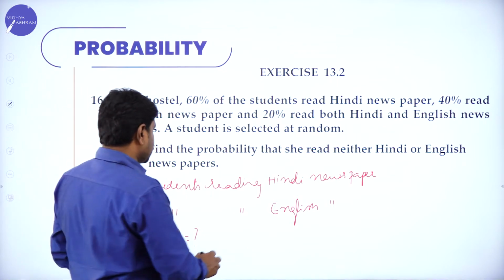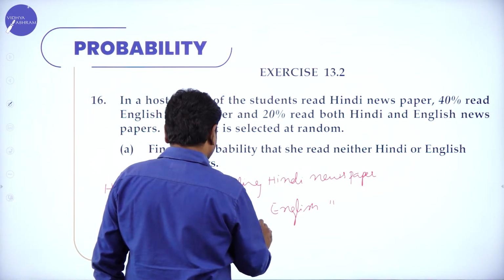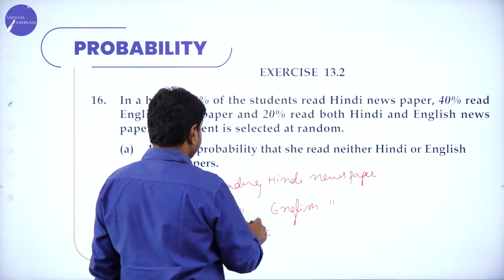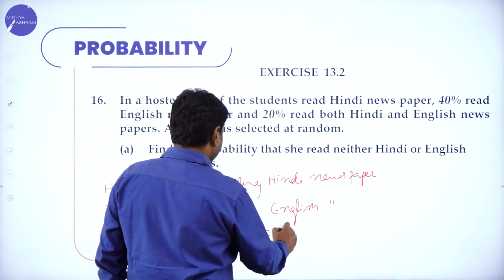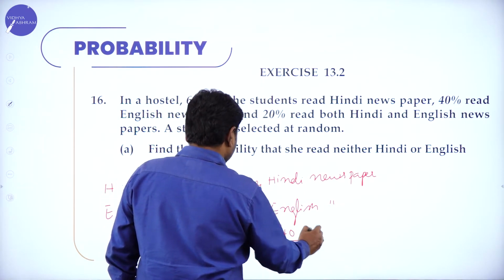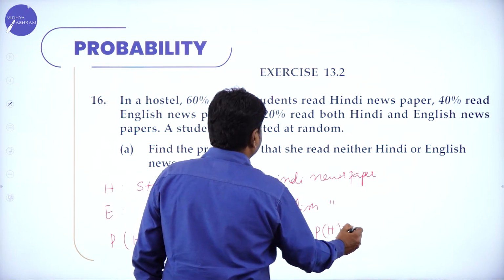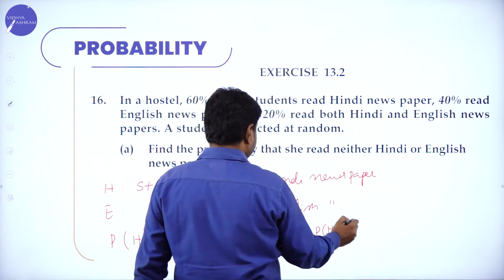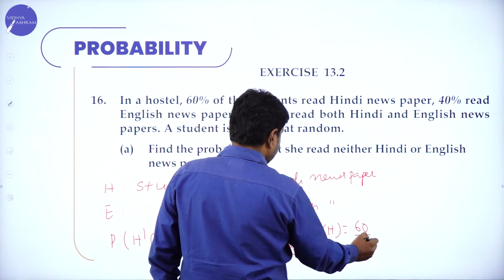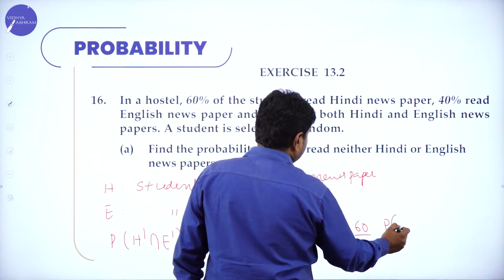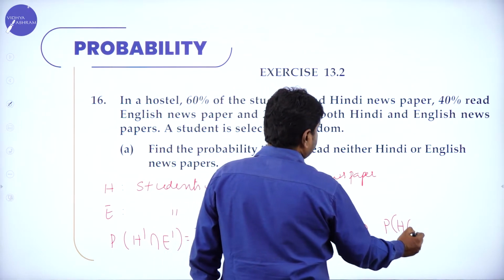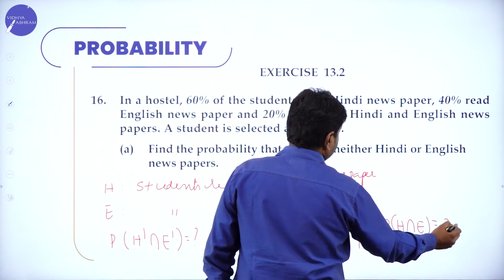First they have given P of E. What is P of E? Probability of people reading English newspaper is 40%, 40 out of 100. Probability of Hindi reading people is 60%, 60 out of 100. Both means H intersection E, that is 20%, 20 out of 100.